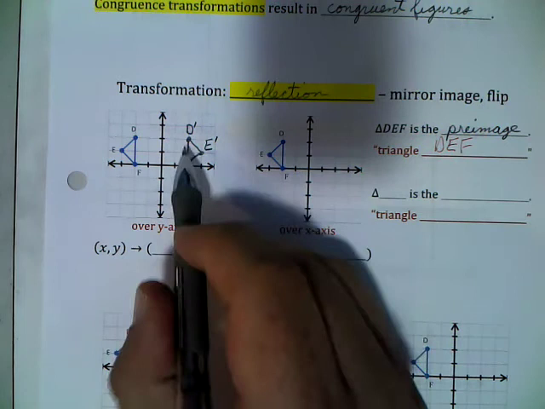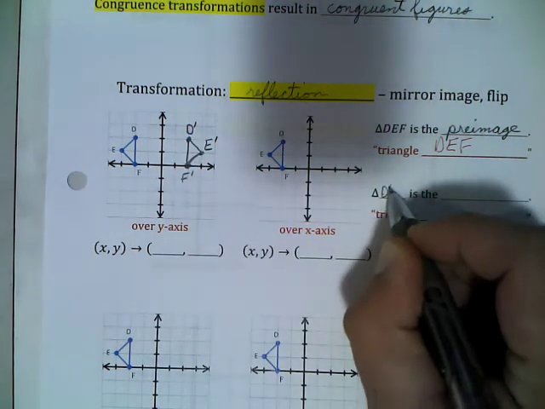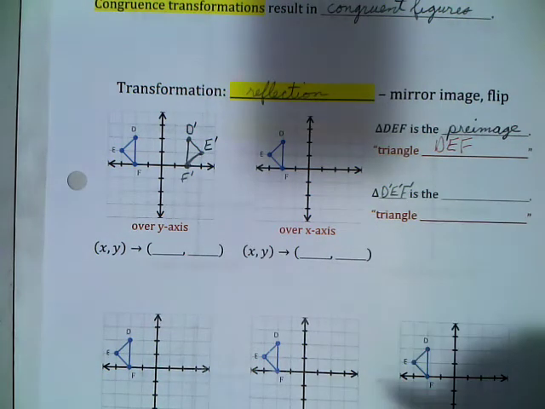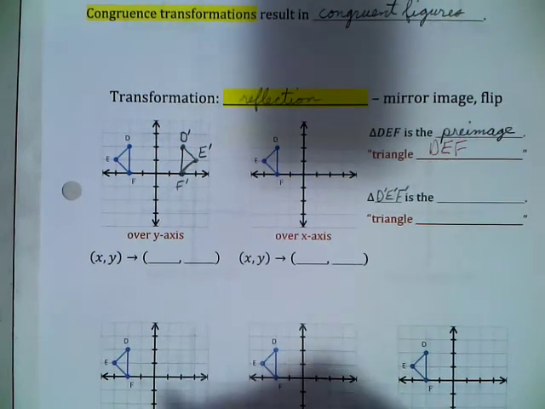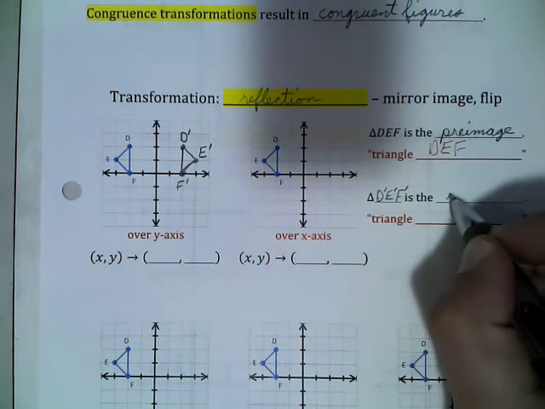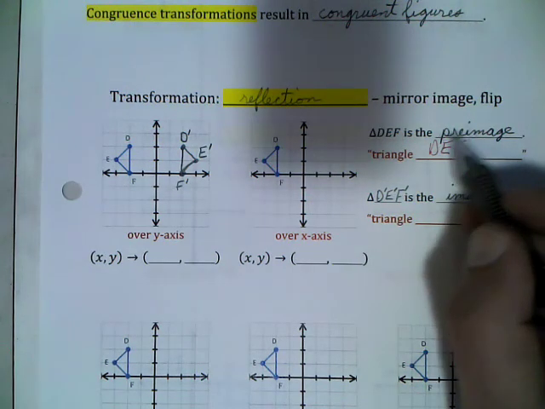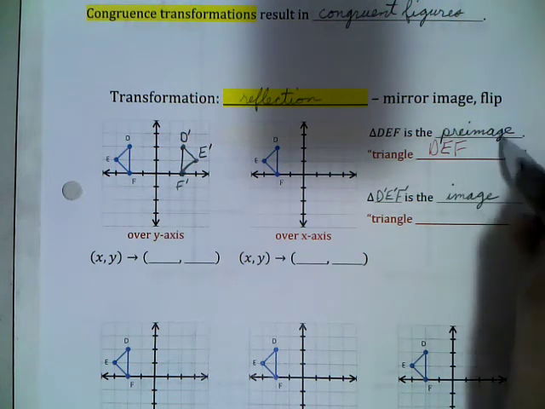However, this triangle right here is actually a D prime, an E prime, and an F prime. So after we've reflected it, we get all these primes. And this then is the image. So pre means before, image. So this is the image before, this is the image after.